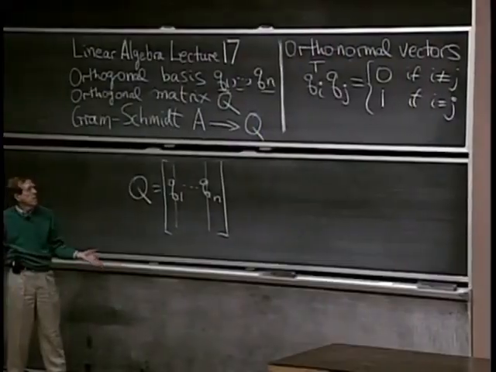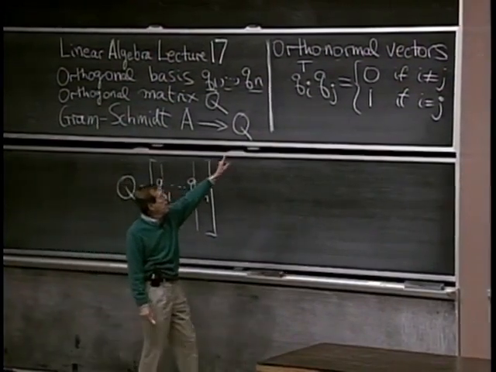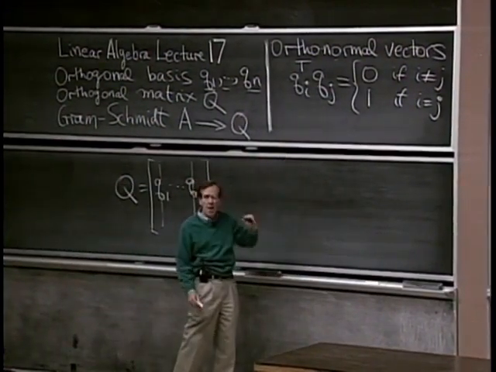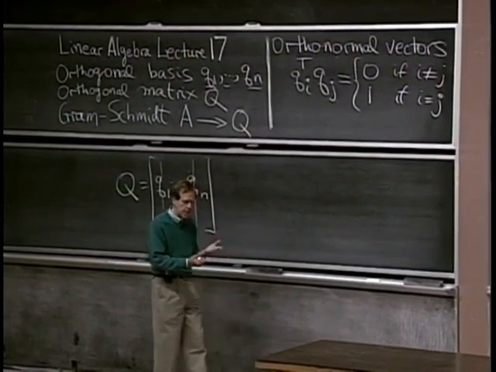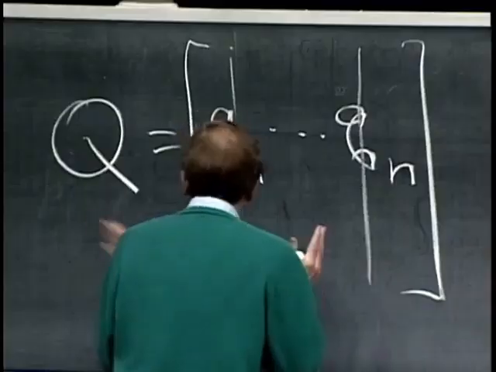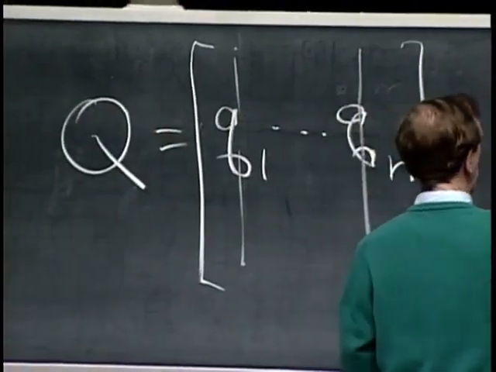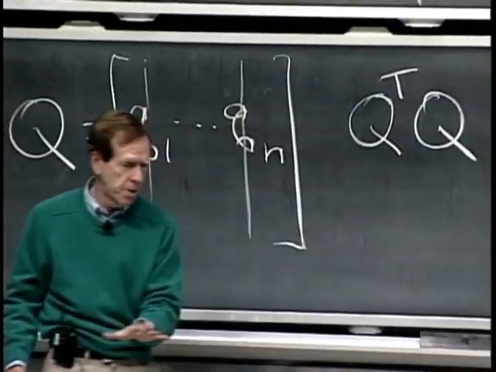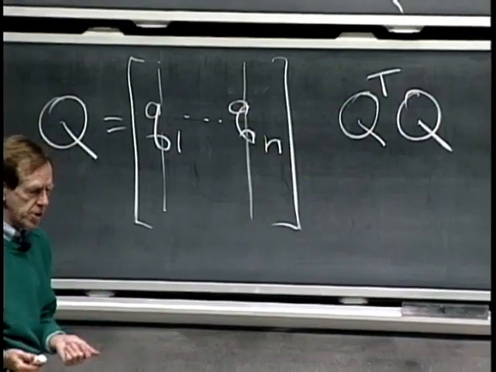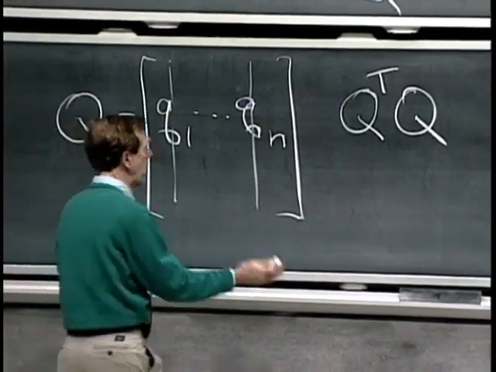And I want to write this property, Qi transpose Qj being 0, in a matrix form. And just the right thing is to look at Q transpose Q. So this chapter has been looking at A transpose A, so it's natural to look at Q transpose Q, and the beauty is it comes out perfectly.